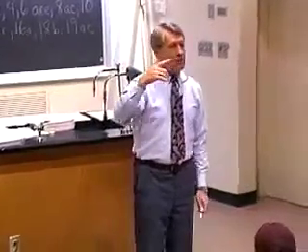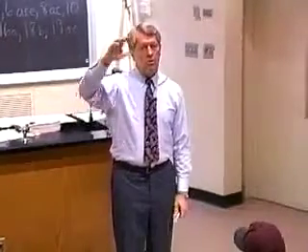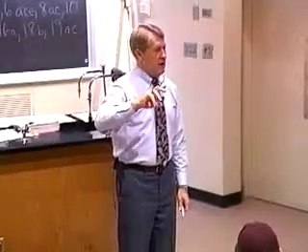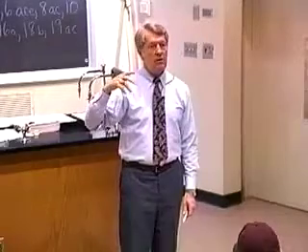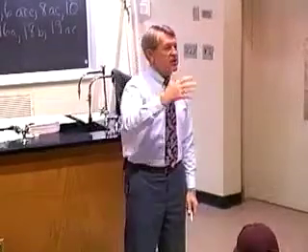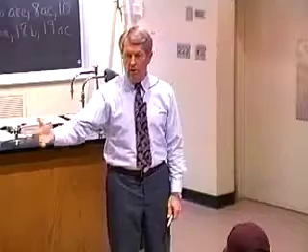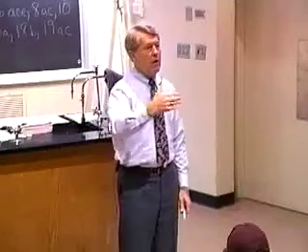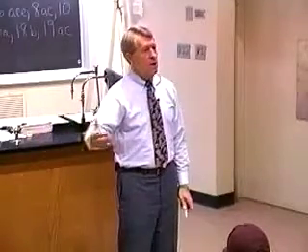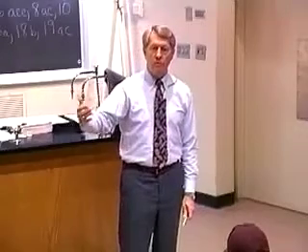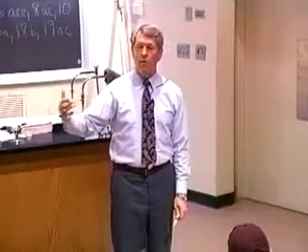Now, when we talk about conversion factors, these are numerical relationships. And the thing to remember is that they can be written either way. We can say 60 miles per hour, or we can say 1 hour per 60 miles. We can say 12 inches per foot, or 1 foot per 12 inches.